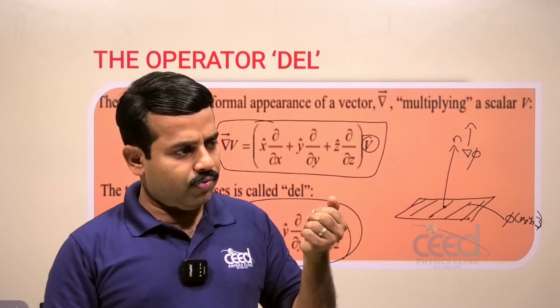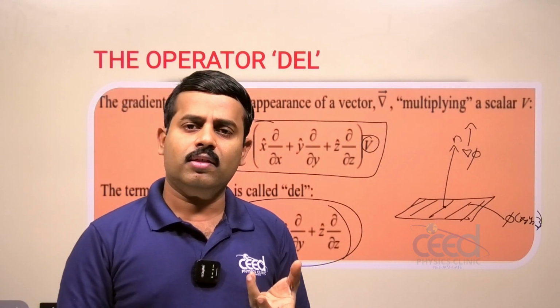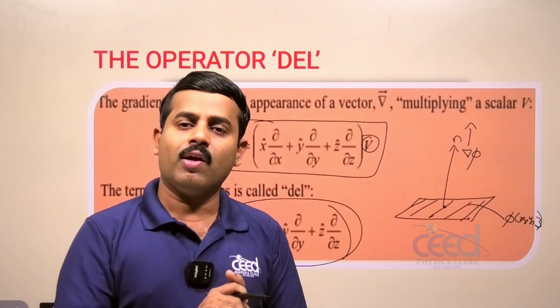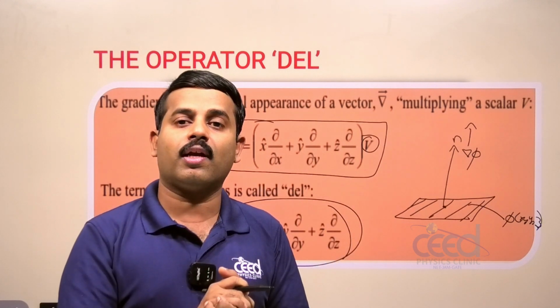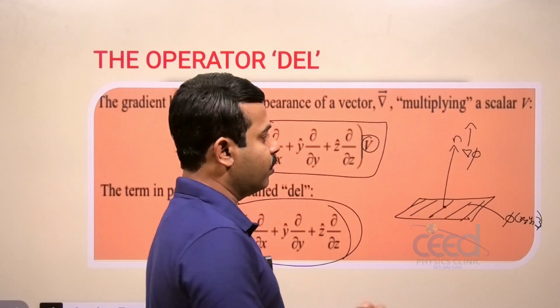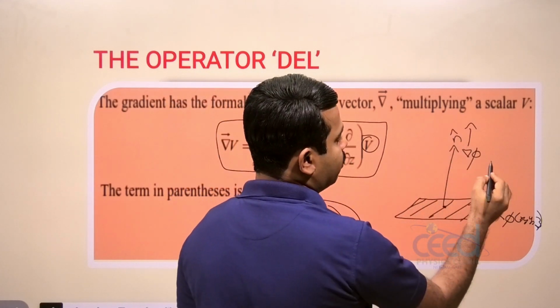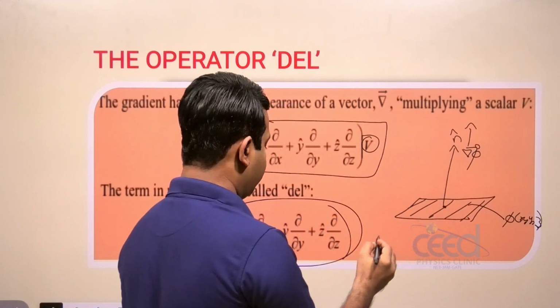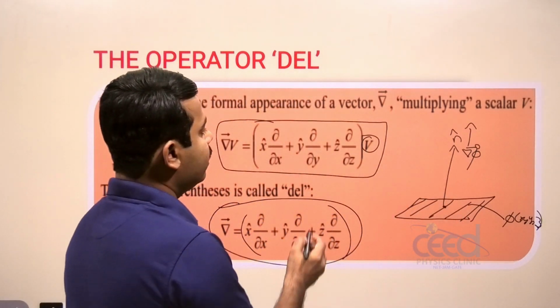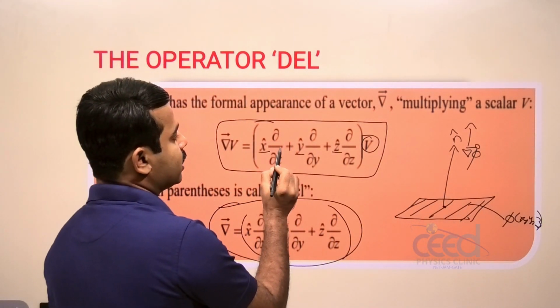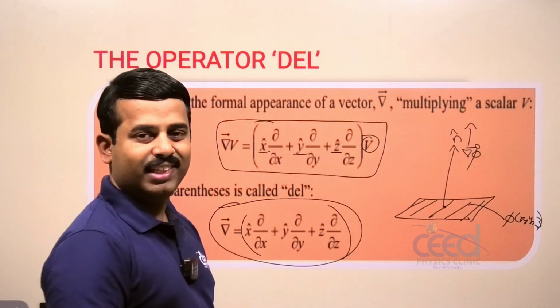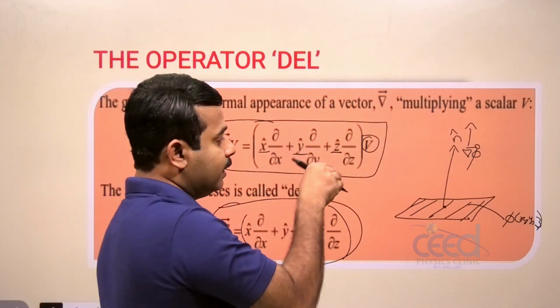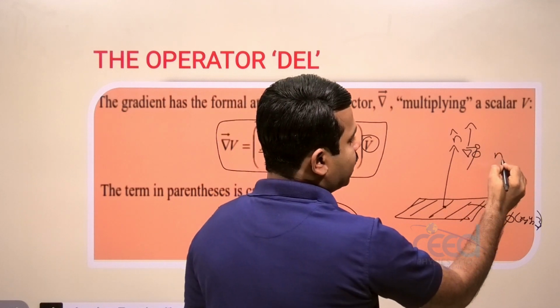If a possible question is asked like this, a surface equation is given, what is the unit normal vector along it? Suppose this is n cap, and this is the vector del phi, gradient phi, which has x cap, y cap, z cap components. Then what is this unit vector n cap?